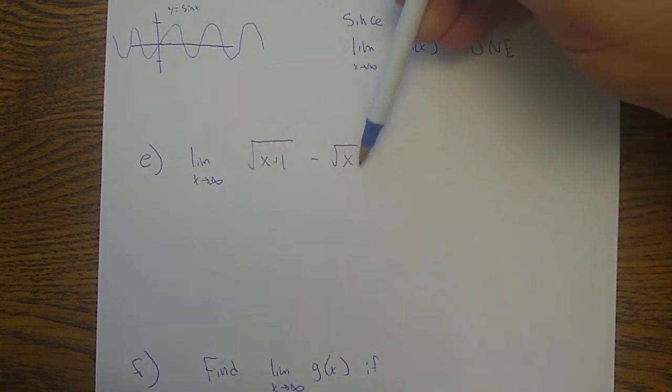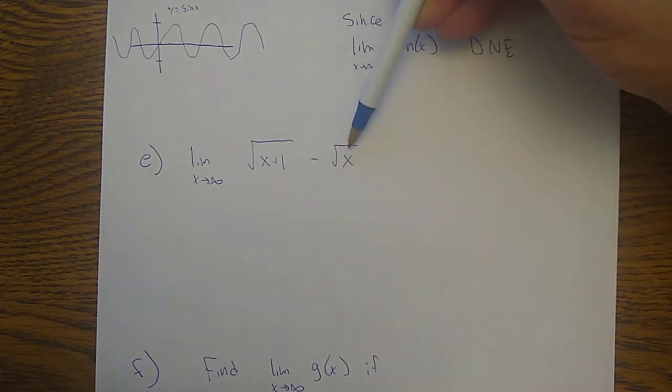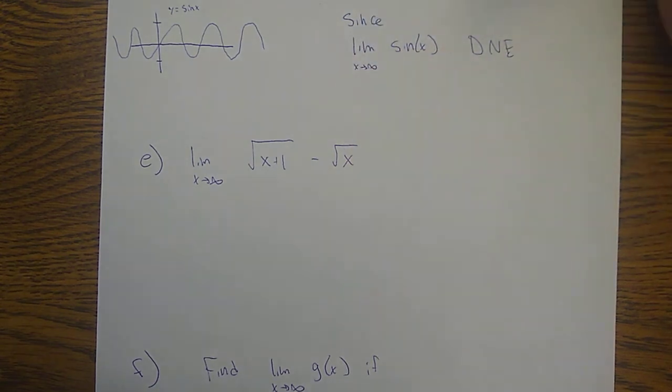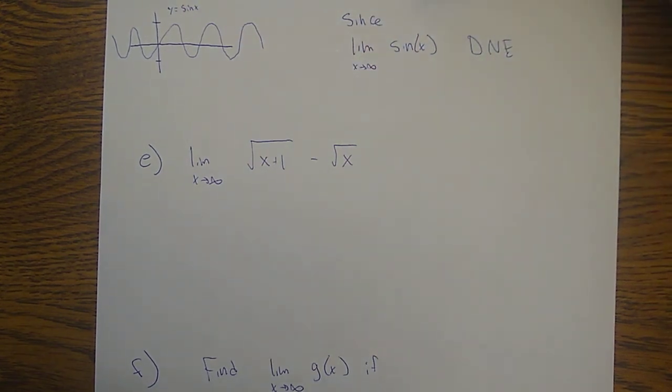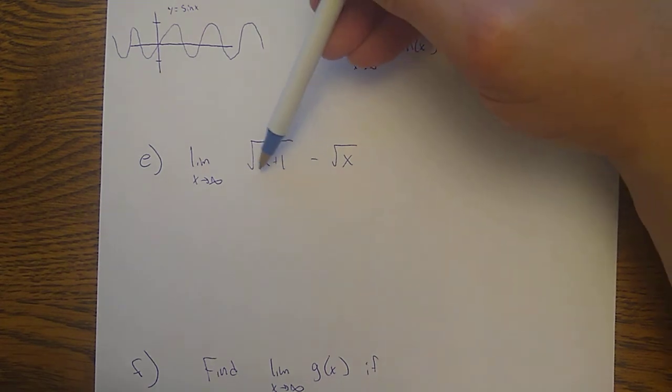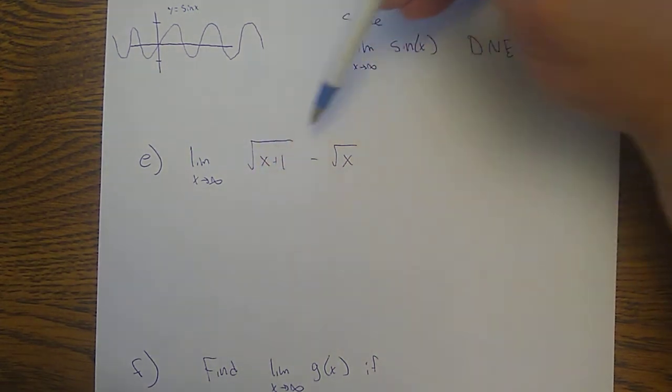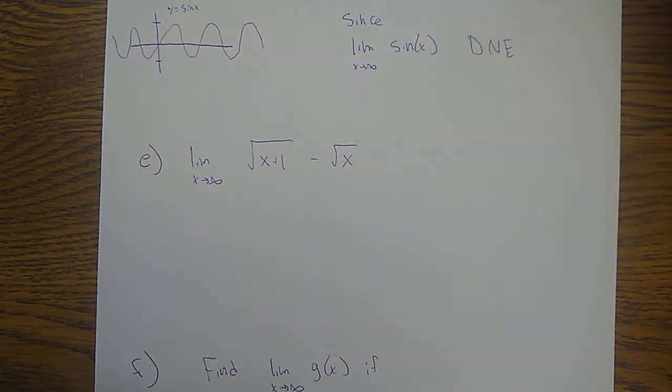But then this is also growing very large. If x is very large, this is the square root of x, and that would be very large. So I'm taking a very large number minus another very large number, which is hard to figure out what happens when you're doing a limit. It depends how much larger this huge number is than this huge number. It's not so easy to tell just by looking.